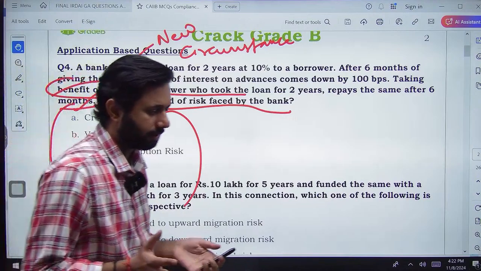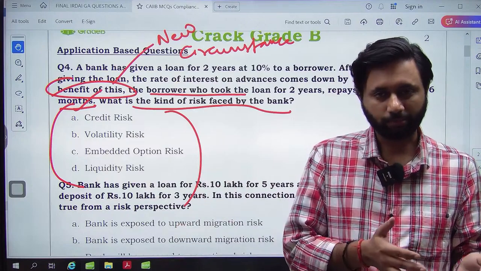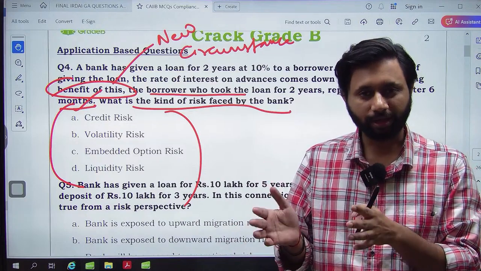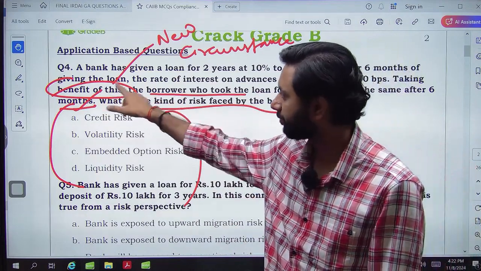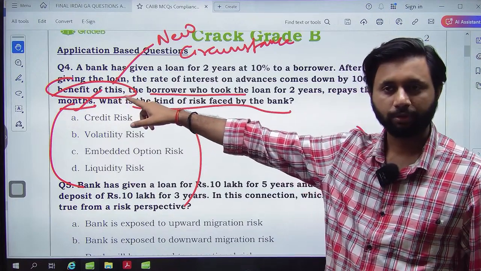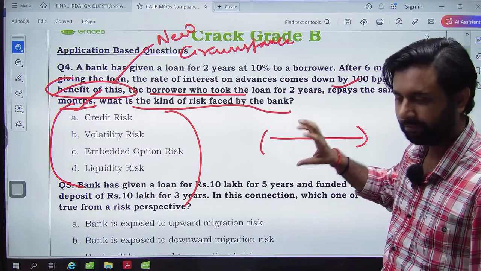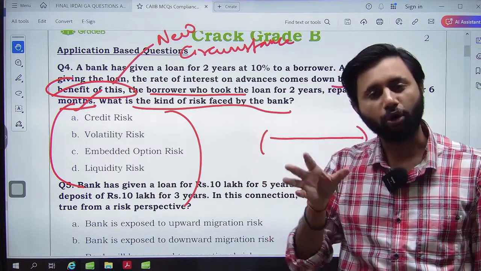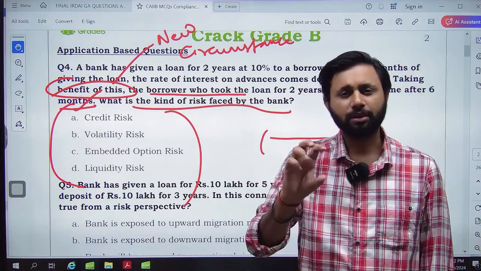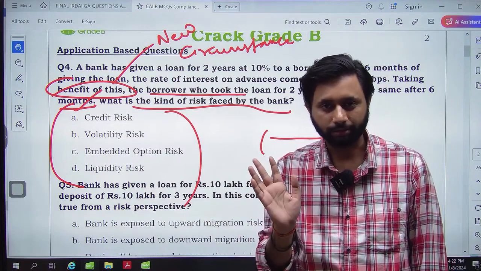So think about it like this: within the agreement between the bank and the borrower, there must have been a credit agreement, or you can say loan agreement, and within that agreement there must have been some provision like this which allowed the borrower to do the same. I hope you can recall the definition of the financial security which gives one party the right to do so but not the obligation.